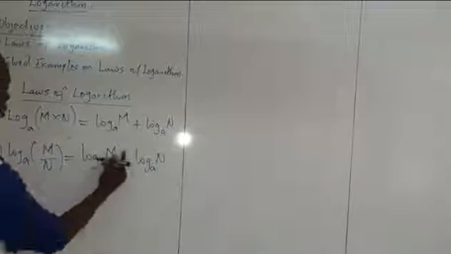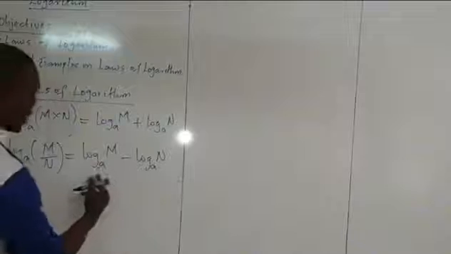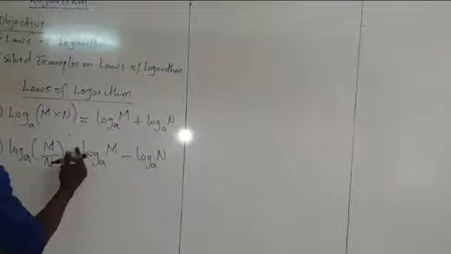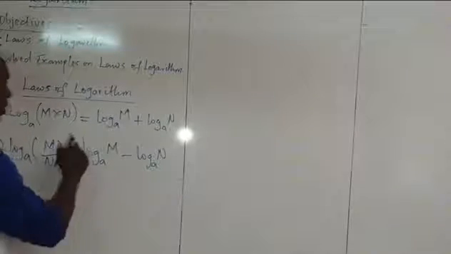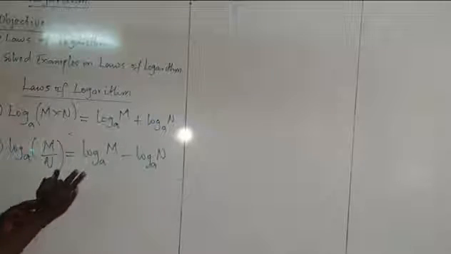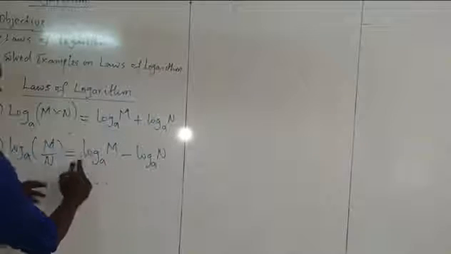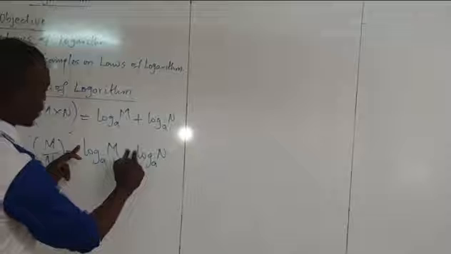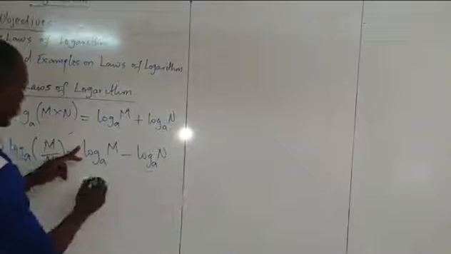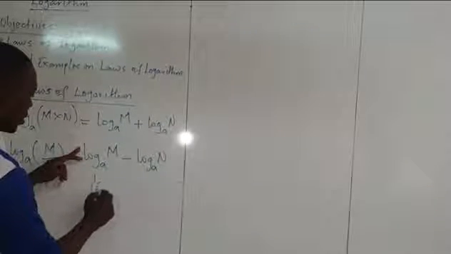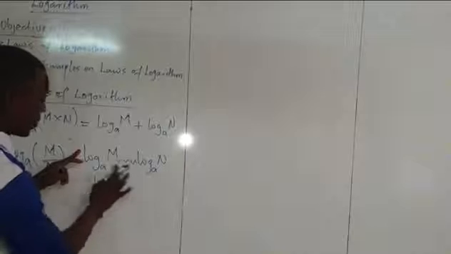Just consider the coefficient of the two logs and consider their base. So once they have the same coefficient, which is 1, the coefficient must be 1. So we have the coefficient here to be 1, coefficient here to be 1. Then take one out of the two logs, so log base a, because they are the same base.